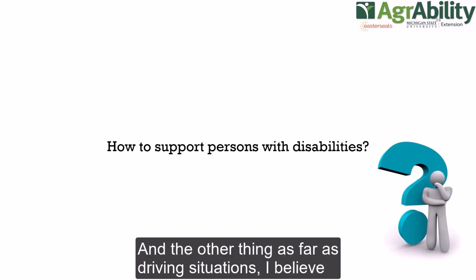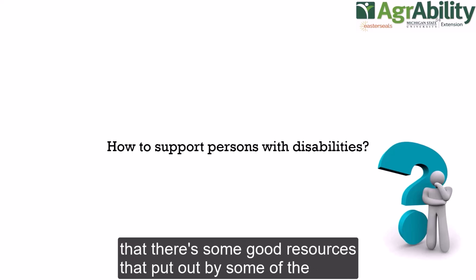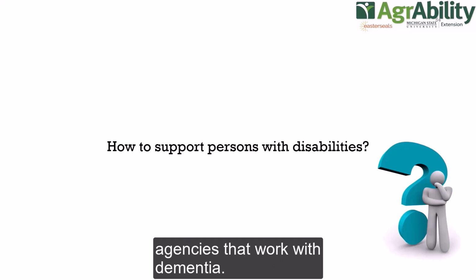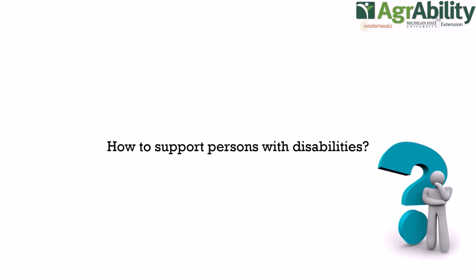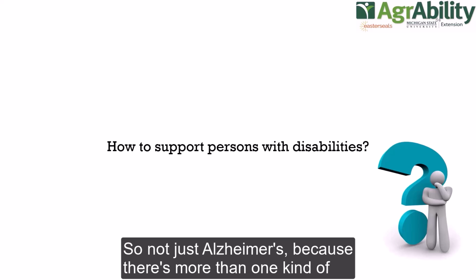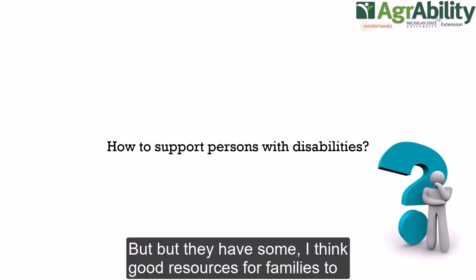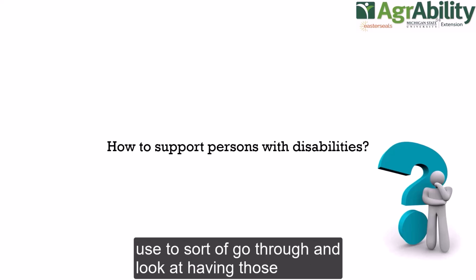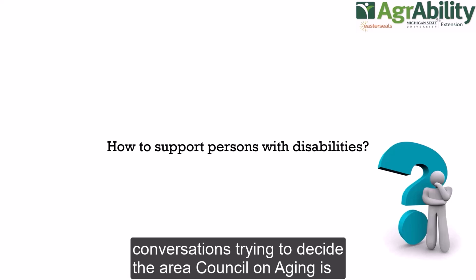Even family. And the other thing, as far as driving situations, I believe there are some good resources put out by some of the agencies that work with dementia, and not just Alzheimer's, because there's more than one kind of dementia. They have good resources for families to go through and look at, having those conversations, trying to decide.